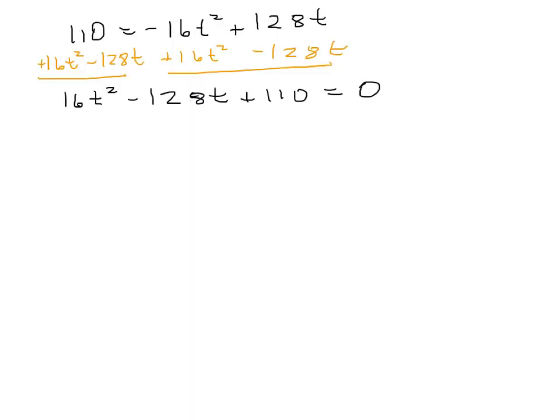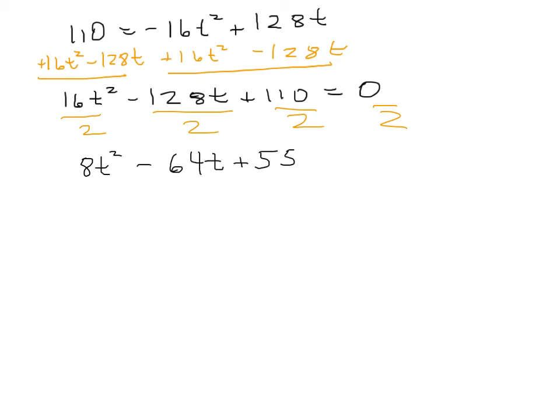To solve this, first I'm going to take out the common factor of 2. So I divide everything by 2, and I get 8t squared minus 64t plus 55 equals 0.